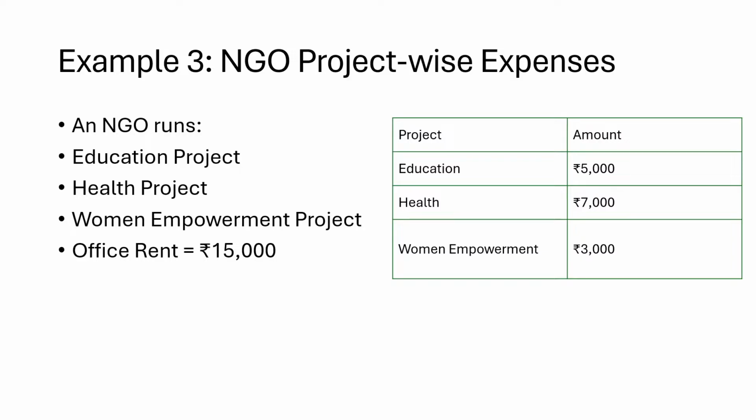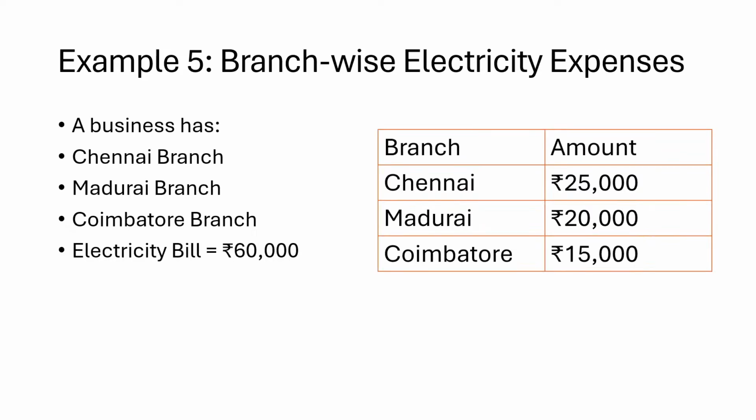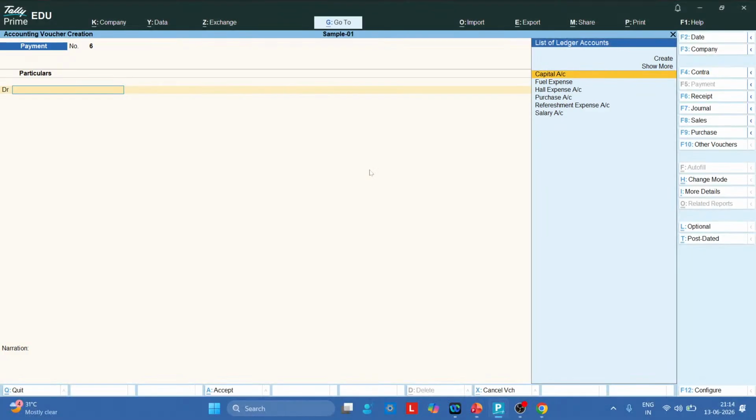Under each category you may create cost centers. Event wise expenses tracking also you can create, like annual day, sports day, cultural festival. So stage decorations you may distribute this way. So likewise you may have more and more branches and projects you can create under the cost center.